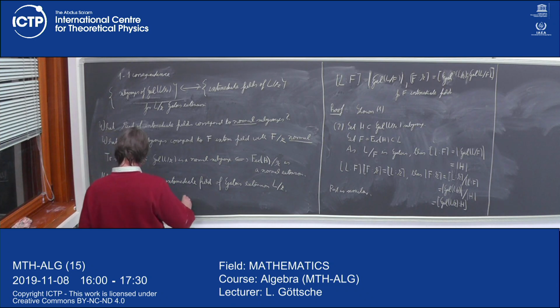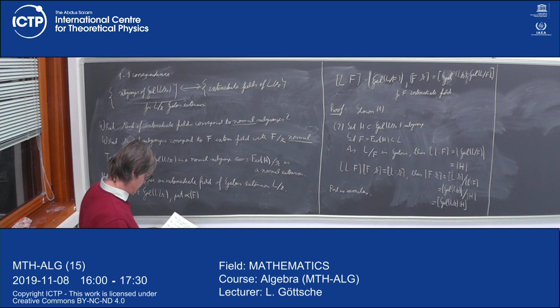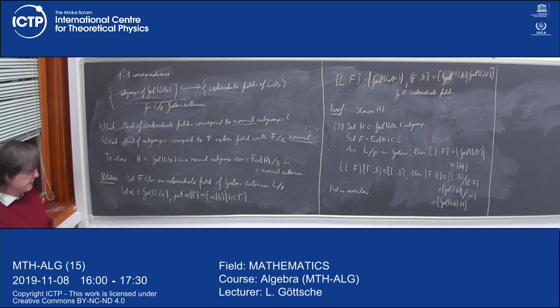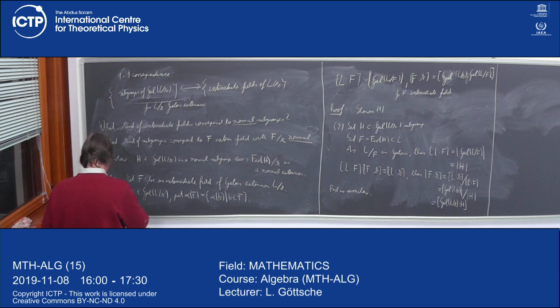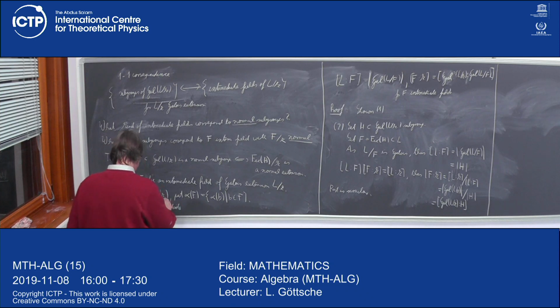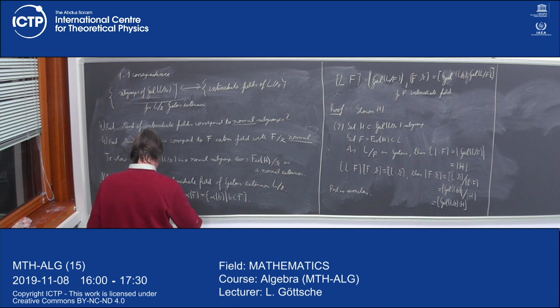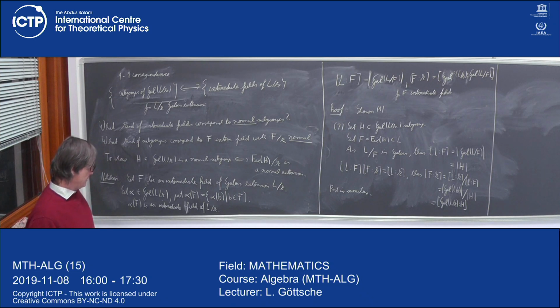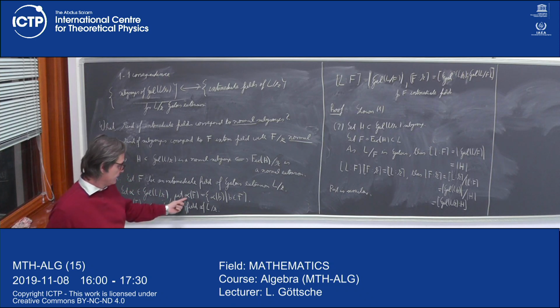So we put alpha of F to be just the image, the set of all alpha of b with b an element of F. It's immediate to see that alpha of F is an intermediate field of L over K. Because obviously it's a subset of L, it contains K because alpha is the identity on K, and it's a field because alpha is a field homomorphism.